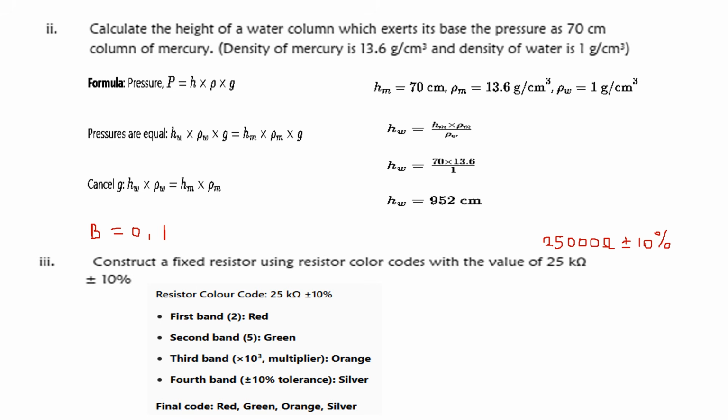Then brown has a value of 1. Red has a value of 2. Make sure you know these things. Orange has a value of 3.